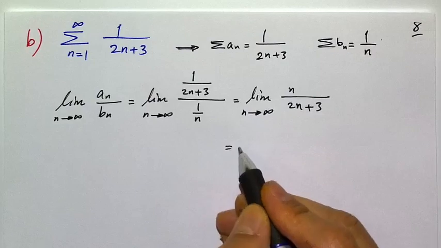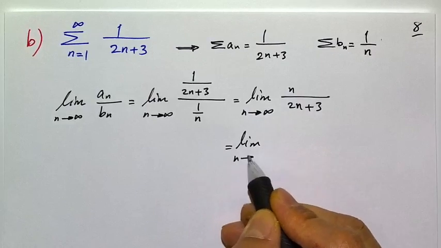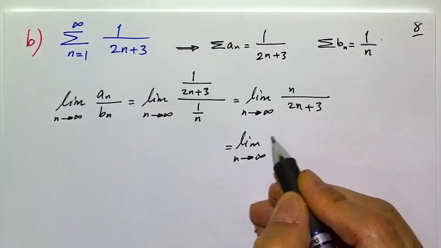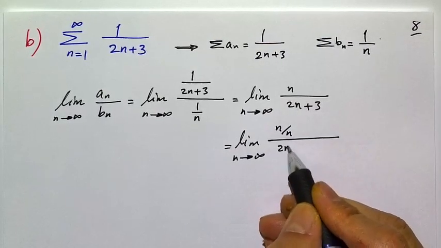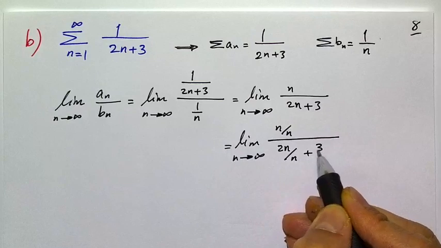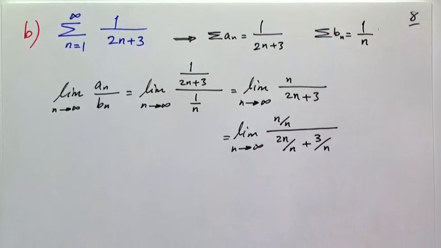And so we have limit as n goes to infinity of n divided by n divided by 2n divided by n plus 3 divided by n.